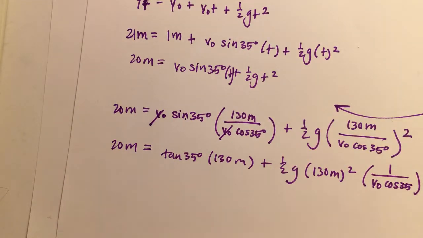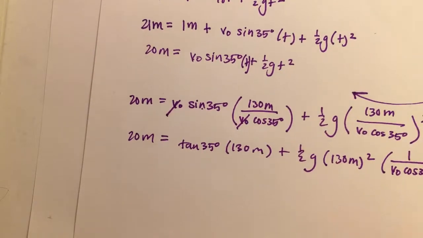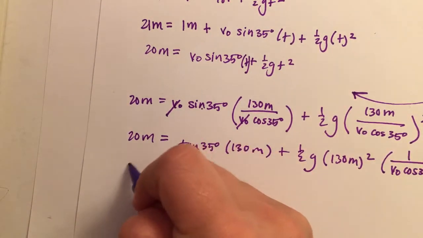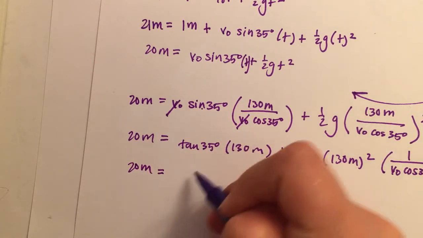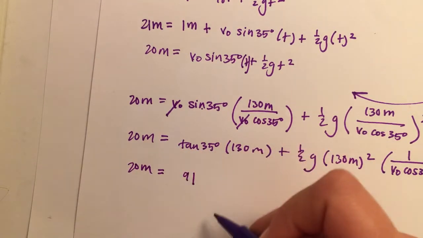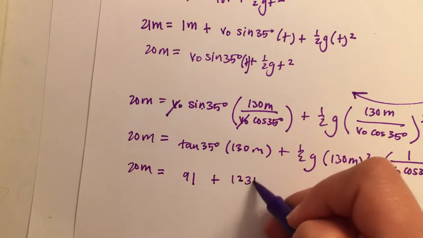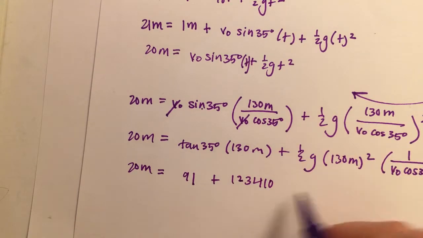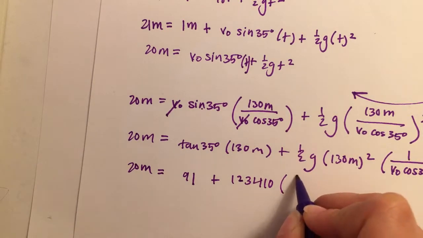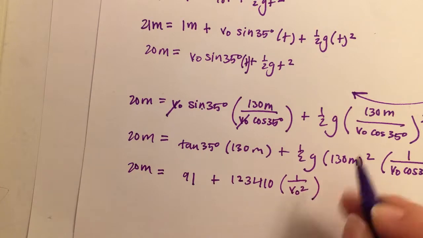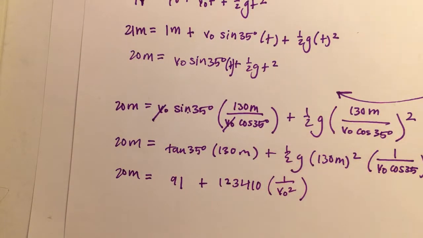Just keep this looking like that. Then, to simplify these numbers, I just calculated them out. This came out to 91 plus 123,410. I did the cosine 35, took that out, and then this is just 1 over velocity initial squared. So that's with everything calculated out.